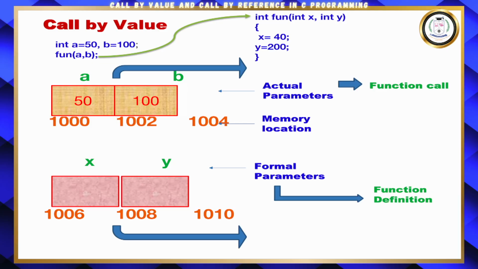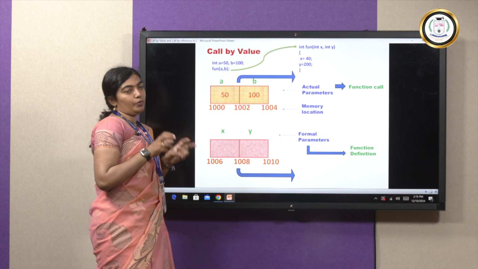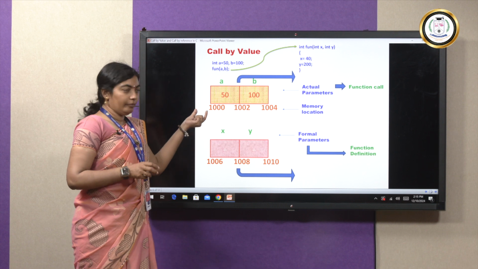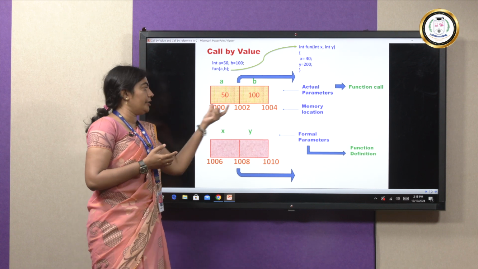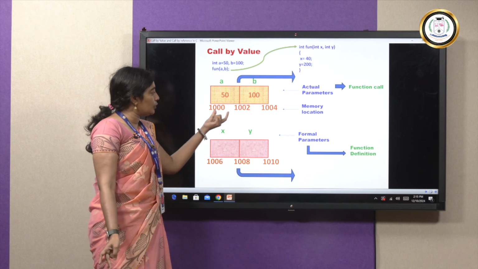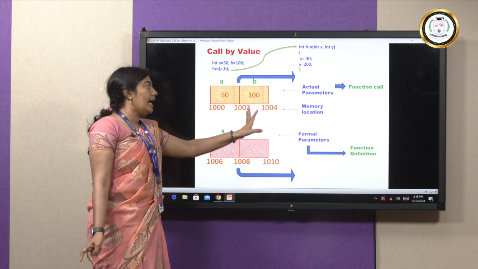So this is a local example for call by value. Think that I have allocated A is equal to 50 and B is equal to 100. My function name is fun, and I am passing two variables A comma B. Initially in my memory, for example, I have used the memory locations 100, 102, 104, since the int memory size is 2 bytes. So I have used 2 bytes. For example, A is stored as 50, B is stored as 100.